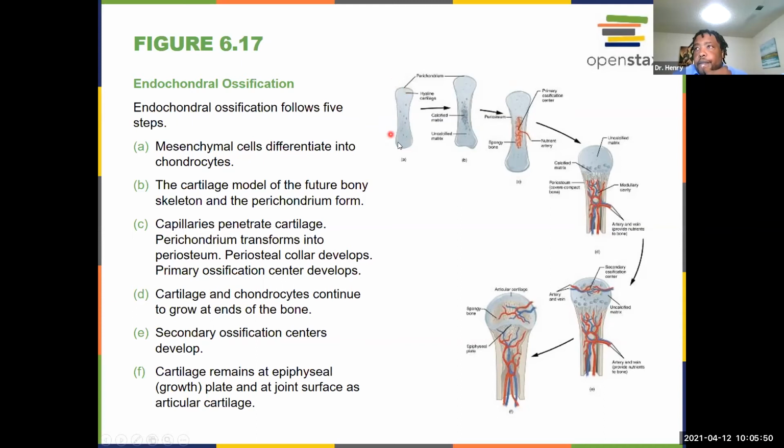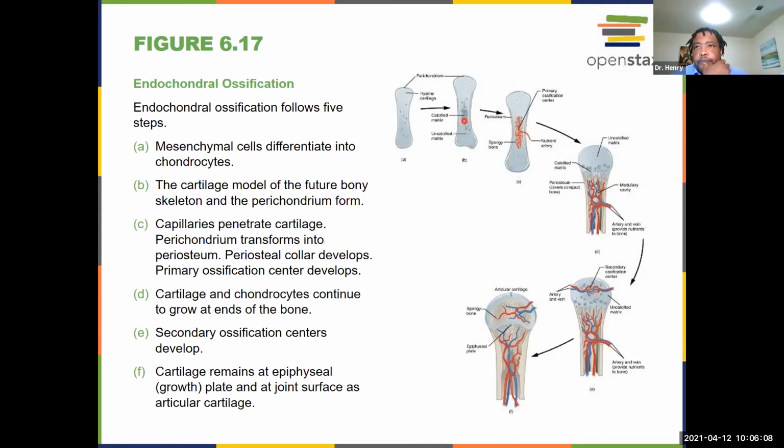So we go from this point, and then we start getting some calcification occurring. Initially we have some of that uncalcified matrix, but then we have the calcified matrix, and the uncalcified matrix becomes a little more calcified.